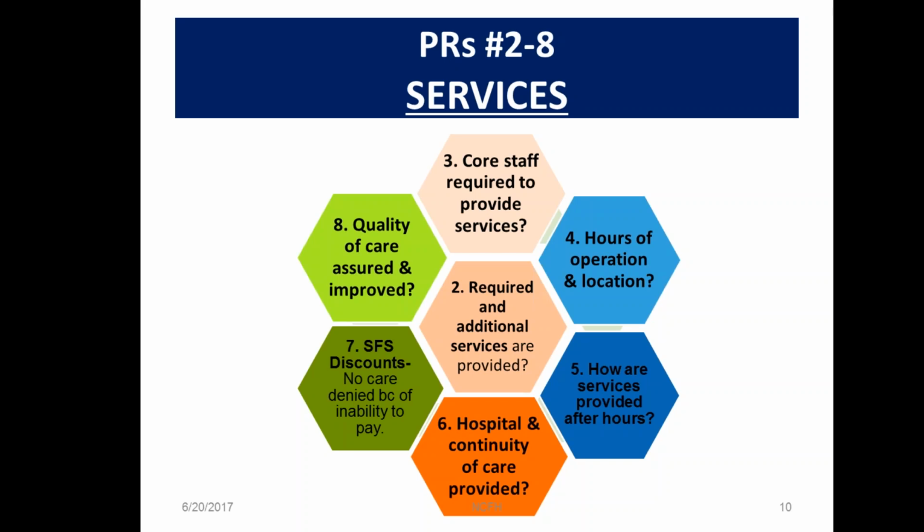But I'm going to focus more on the last 3, which are focused on governance. So in the center of this diagram, we have number 2, the required and additional services. And the bottom line is that there is a set of required services that every health center must offer. Additional services are those that they choose based on the needs of their population and their needs assessment.